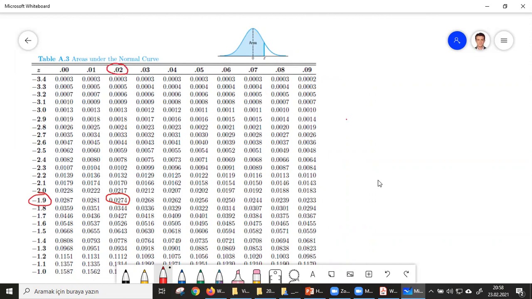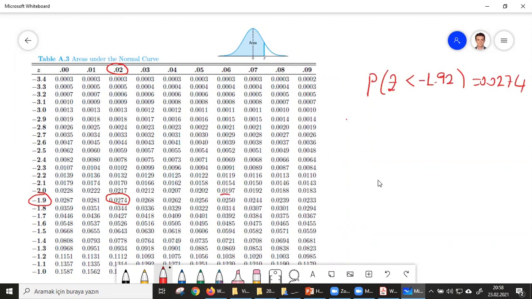So you read the binary digit from here, the first digit after the point here, and the second digit after the point from here. So this is equal to the probability that Z is smaller than minus 1.92. This is equal to 0.0274.